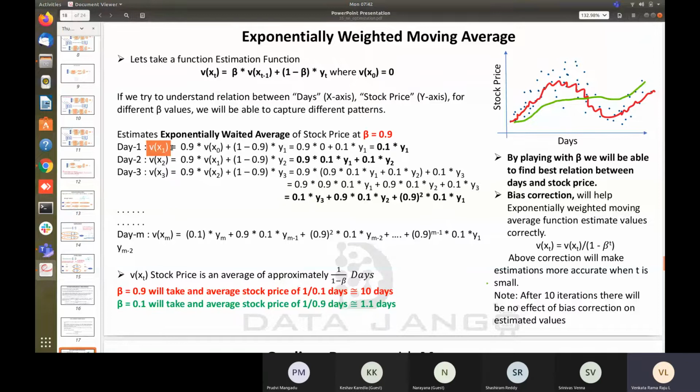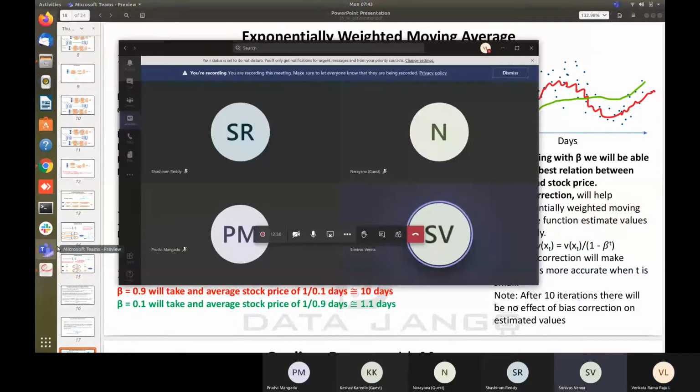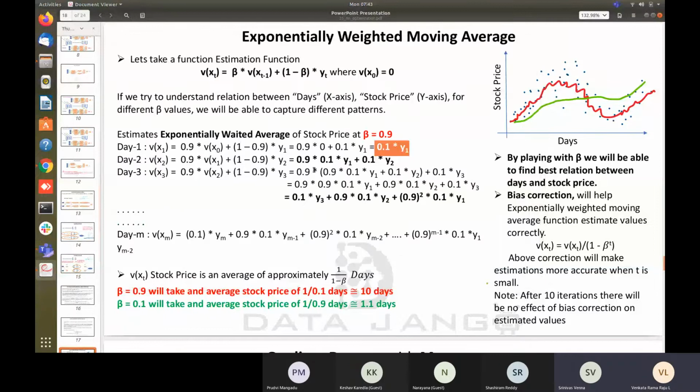Is v of x1 equal to y1? Yes or no? Getting it? I used this formula, substituted beta equal to 0.9 and tried to predict v of x1, which actually came as 10% of y1.